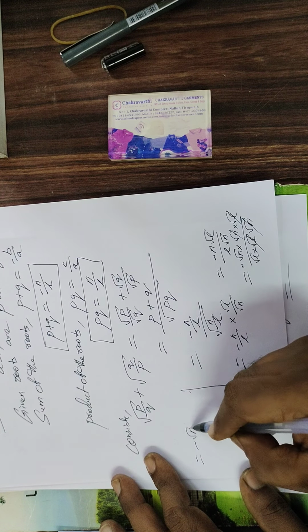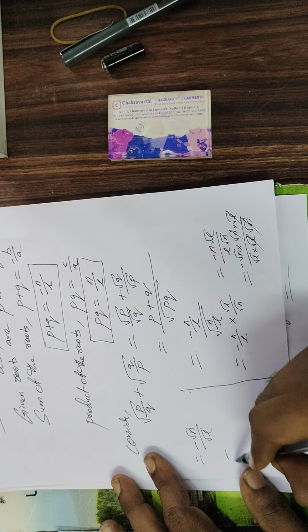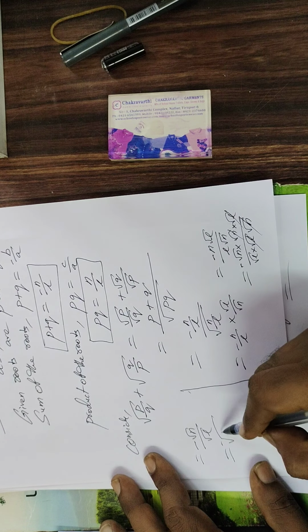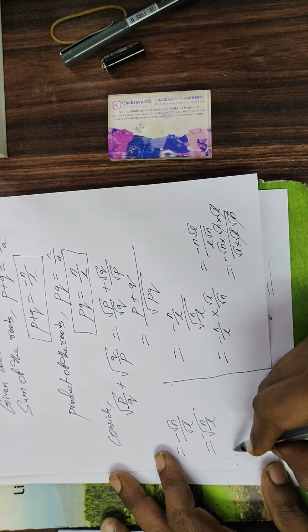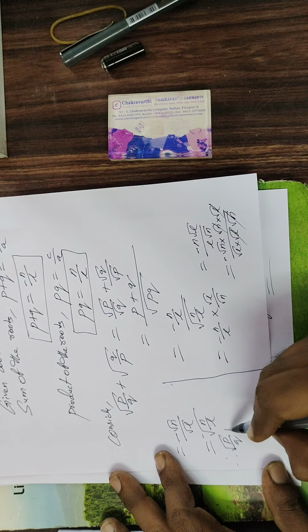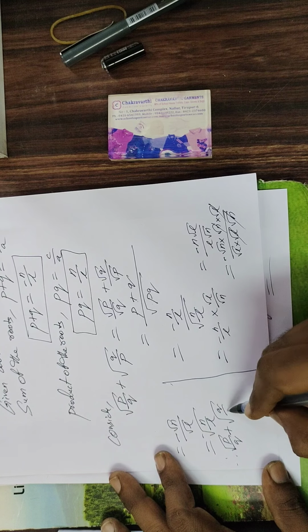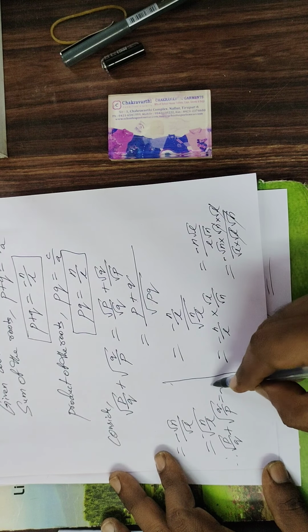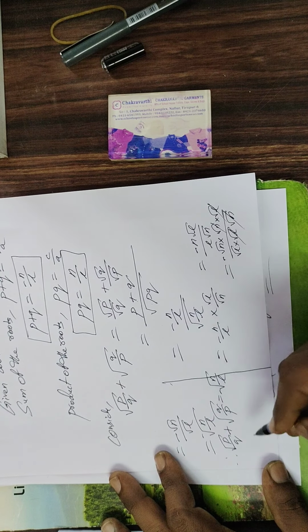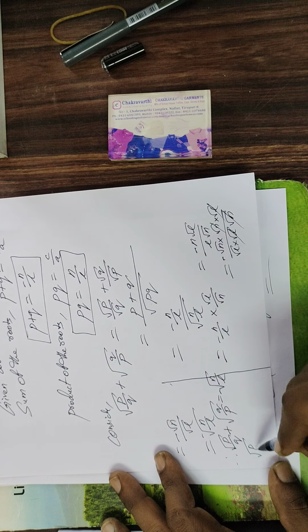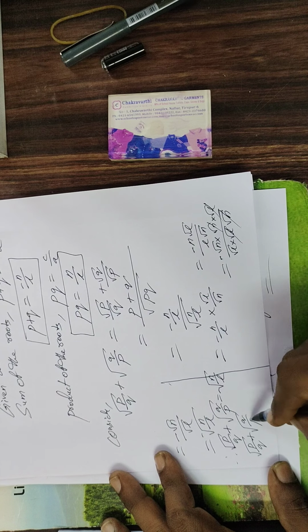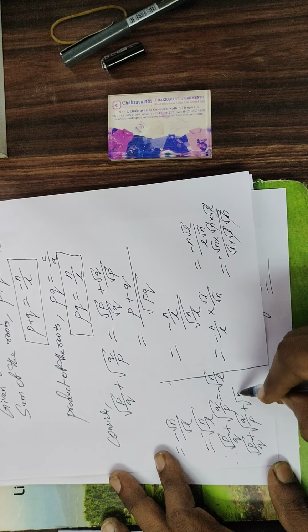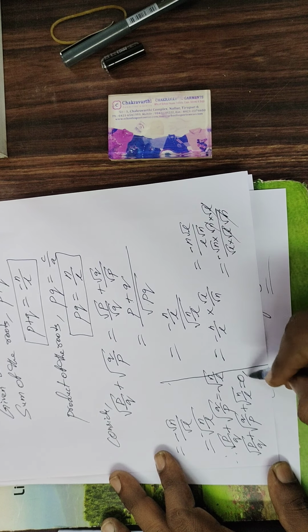Minus root N by root L. This can be written as minus root of N by L. Therefore root of P by Q plus root of Q by P equals minus root of N by L. If you take this to the other side, square root of P by Q plus square root of Q by P plus square root of N by L equal to 0. Hence proved.